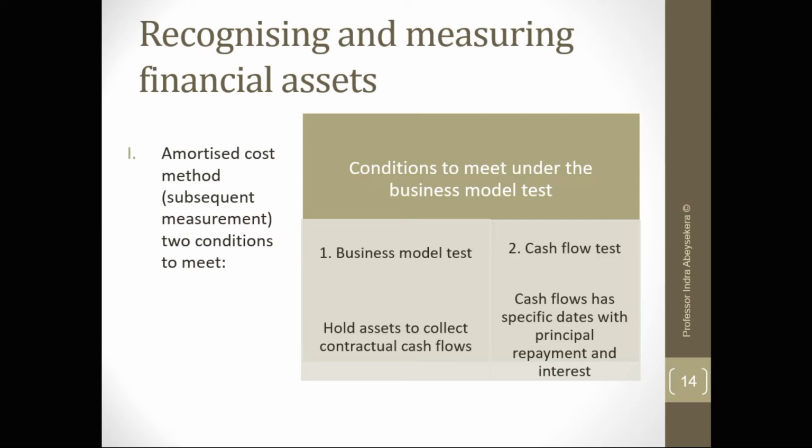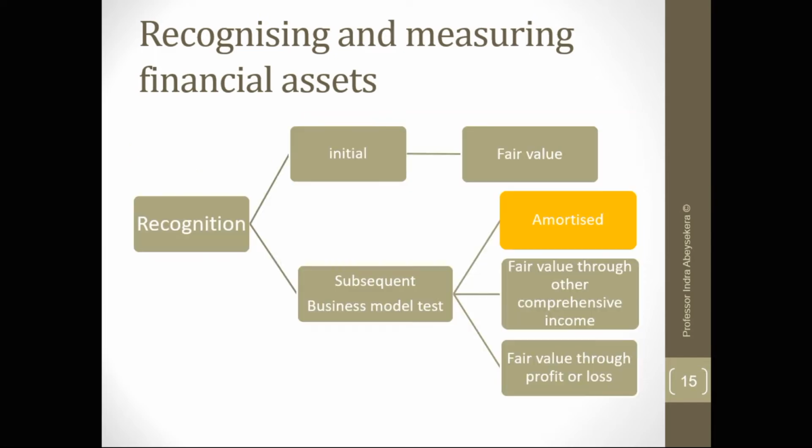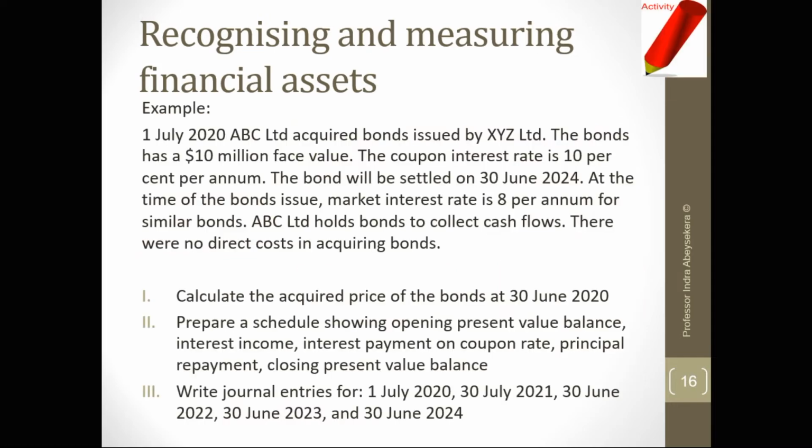And on the cash flow test, the cash flows should be received at specific dates with a principal repayment amount and an interest income. So for the subsequent measurement, there are three techniques based on the business model test. The first one we are going to look at is the amortized technique.